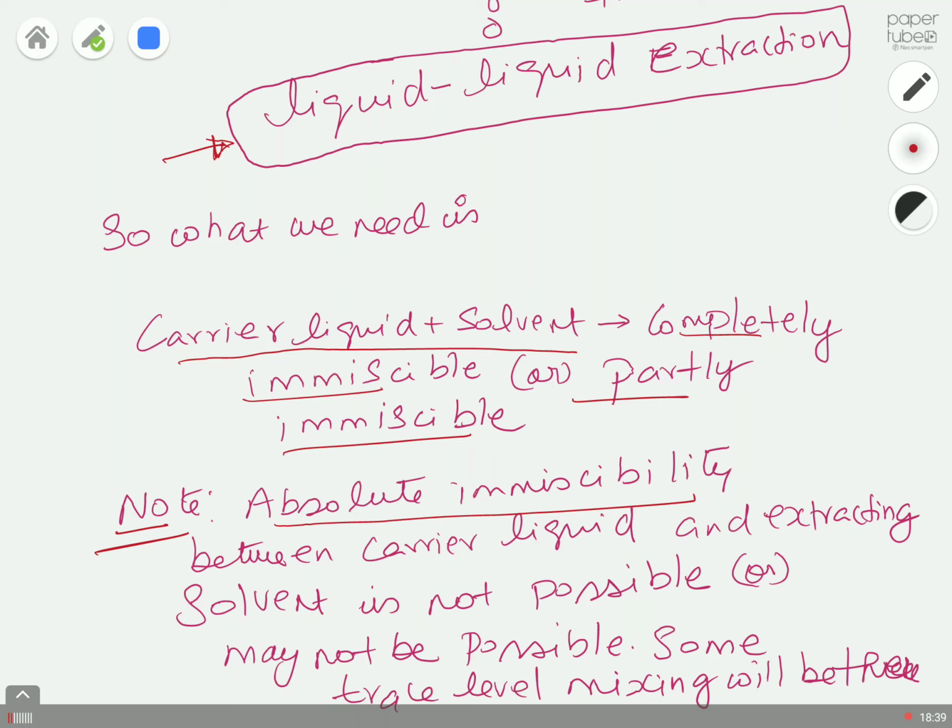Maybe we do not have good equipment to measure such a low concentration transferred from your carrier liquid side to your solvent side, or solvent side to your carrier liquid. But still you can claim it as immiscible, though there is something called absolute immiscibility. So keep that in your mind. At least we don't have any high-resolution instrument that can monitor the tiny change from the solute side to the carrier liquid side. Always try to remember that.